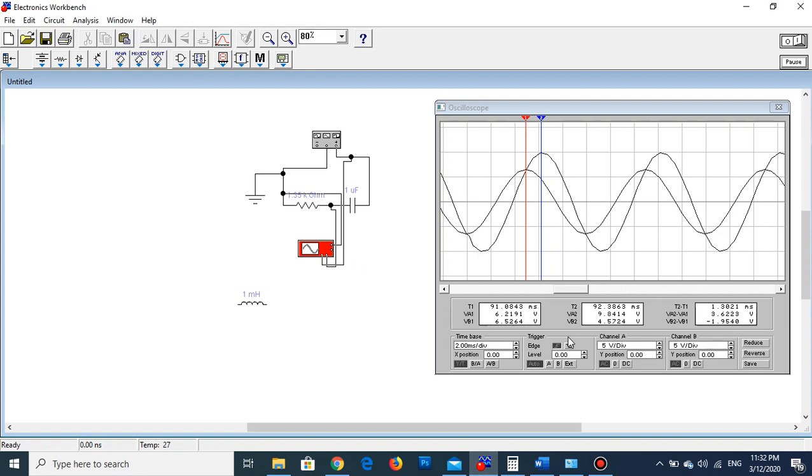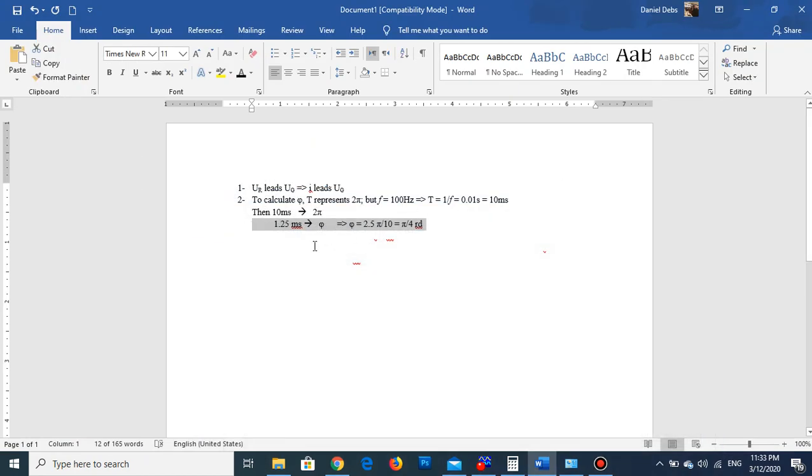And now, going back to the oscillograms, we see that the difference between this one and that one is given by the value T2 minus T1, which is 1.25 milliseconds. This is the difference between the two oscillograms. So we write 1.25 milliseconds represents phi, and 10 milliseconds represents 2 pi.